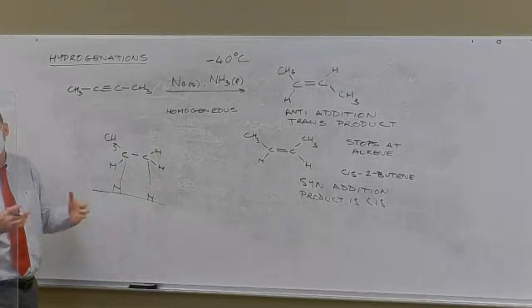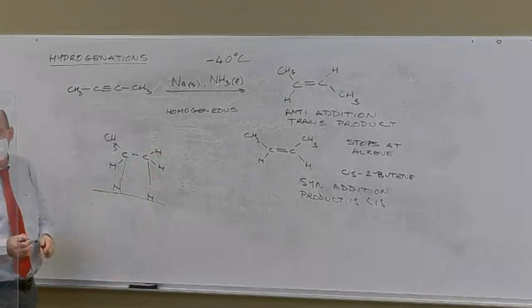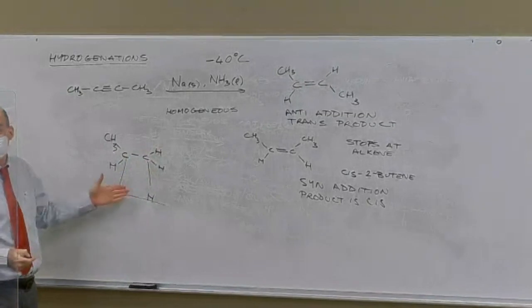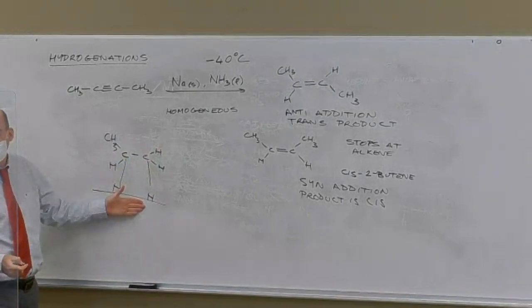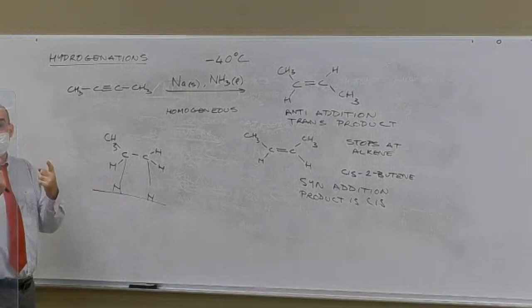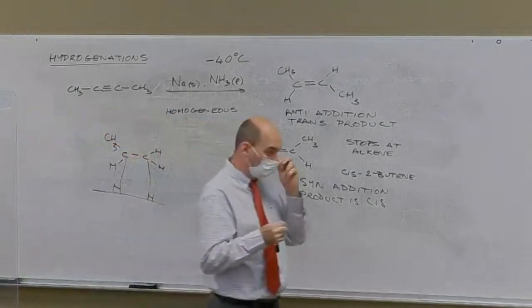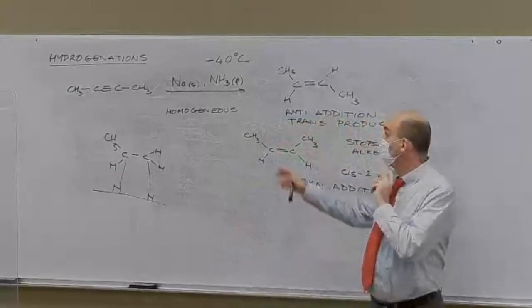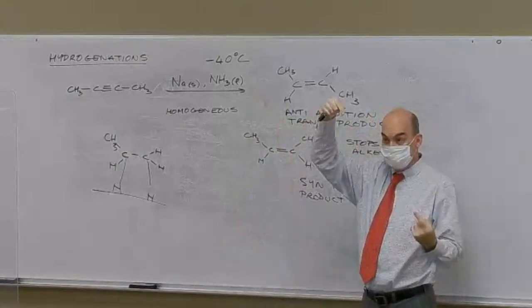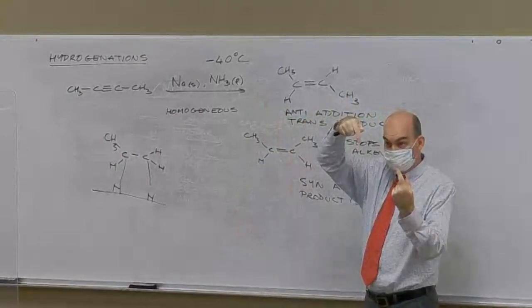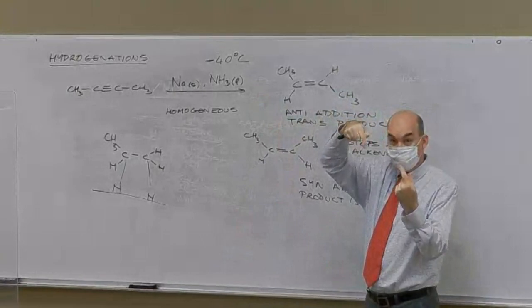So to say that it's always cis is a little bit of a lie. The underlying reaction is always syn. The process of adding those hydrogens is always going to go to the same side of the double bond. And in the liquid ammonia and sodium, it's always going to go one in the top, one in the bottom. Okay? It's always going to be anti.